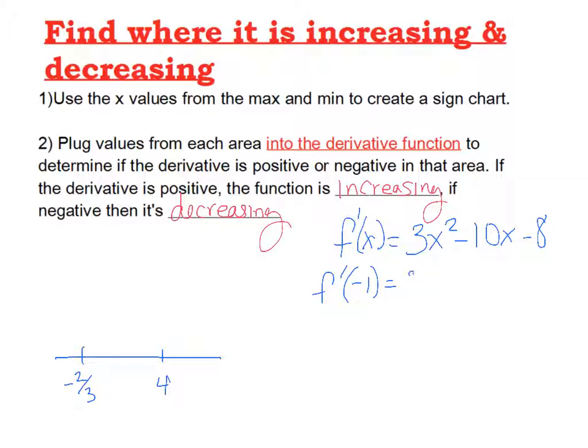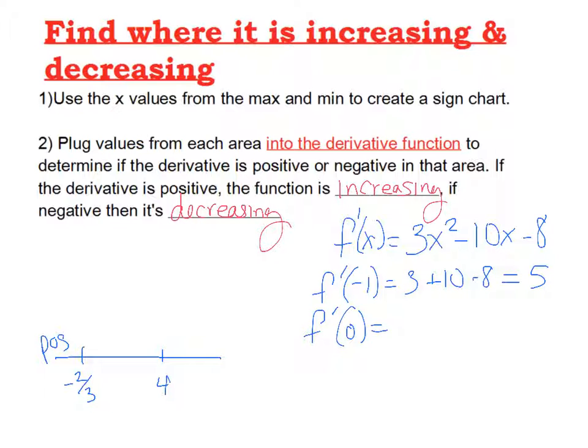Well, that would become 3, then a +10, and a -8. And that ends up getting me 5. Well, that's positive right here. So any value over there is positive, meaning that that is where my function is going to be increasing. Next, I'm going to put in a number that falls in between here. 0 would be super easy.